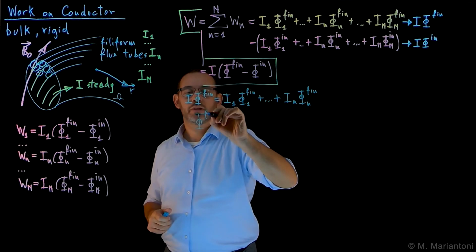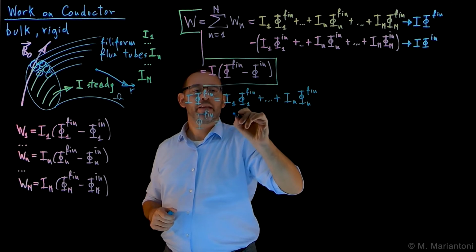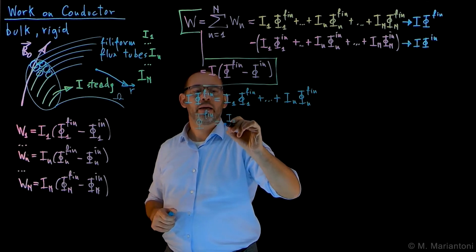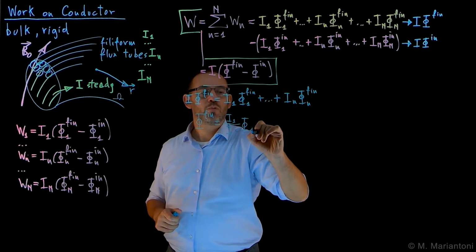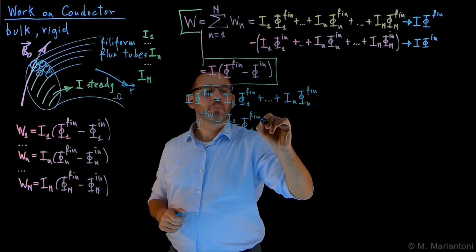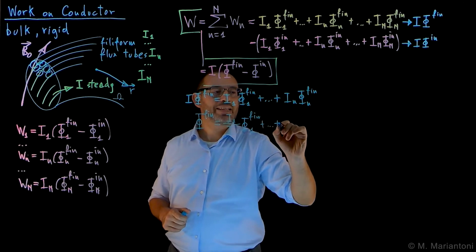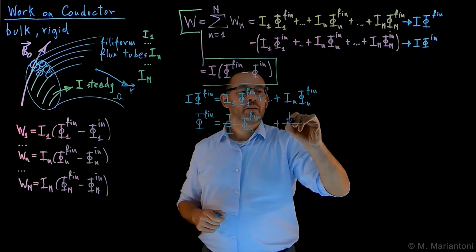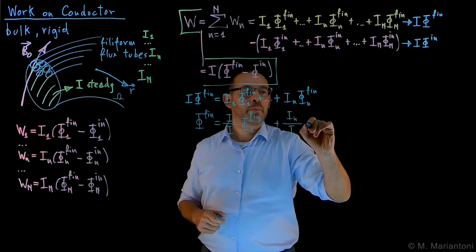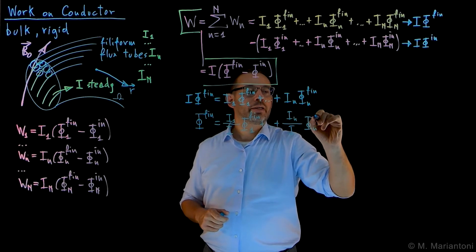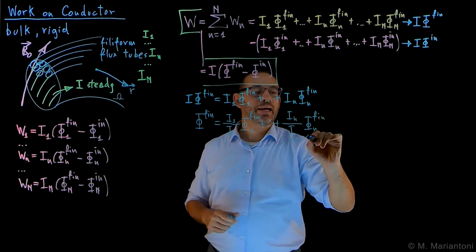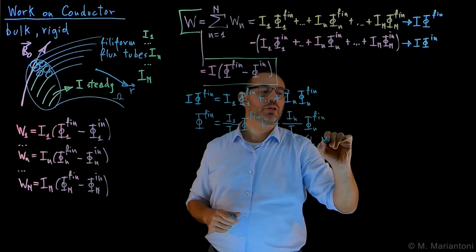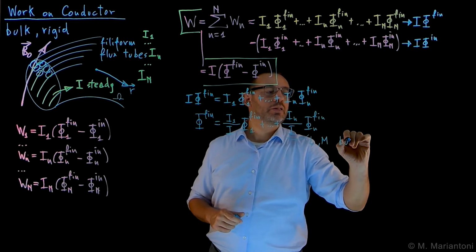Let's consider the final flux here. We can rewrite it as I1 divided by I times phi 1 final plus dot dot dot plus In divided by I. That kind of definition allows us to redefine the concept of inductance, self or mutual inductance, for bulk conductors, if you want.